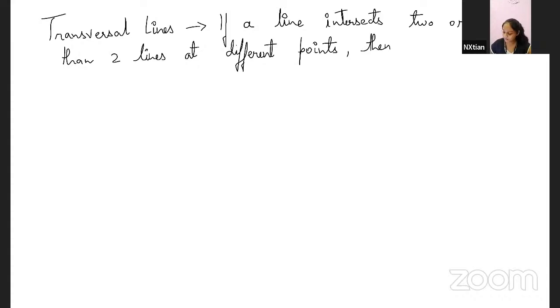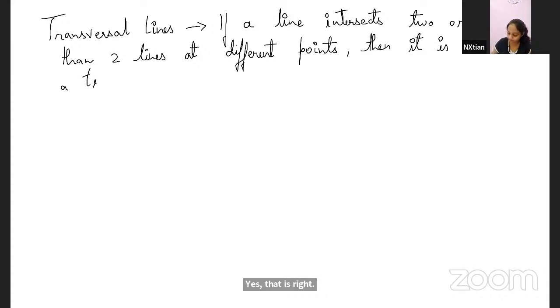So if an intersecting line intersects a pair of parallel lines, then it's like a transversal. Yes, Samir, that is right.